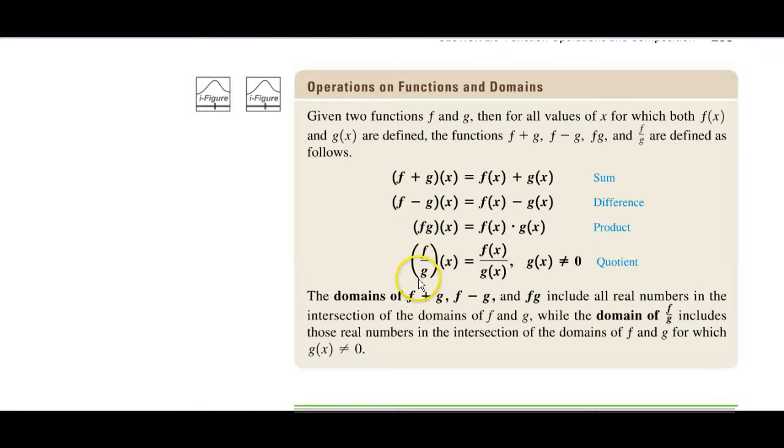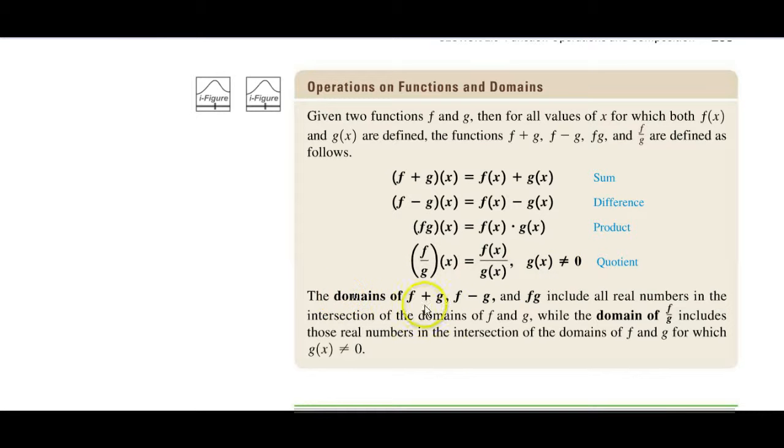Now here in this fraction form, this is considered a quotient. So you're going to take the f function divided by the g function. And they are giving this qualifier that your denominator cannot be equal to 0, because that would make it undefined.